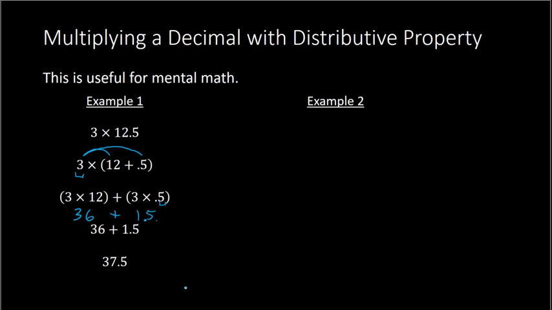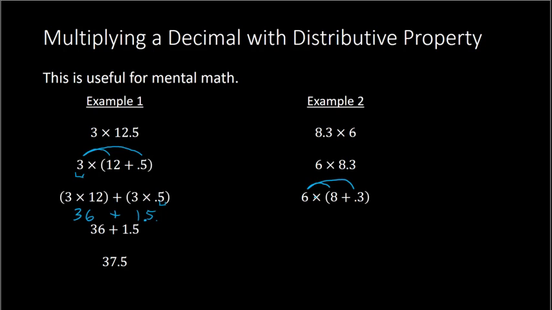All right, here's another example. Example 2, we have 8.3 times 6. Now when you do this, we want to write the whole number first. So we write the 6 in the front. So the 6 would go first, times 8.3. And then the 8.3 we can write as an addition problem of 8 plus 0.3. Now from here we can distribute the 6 to both parts.